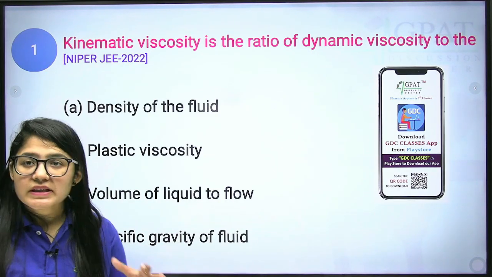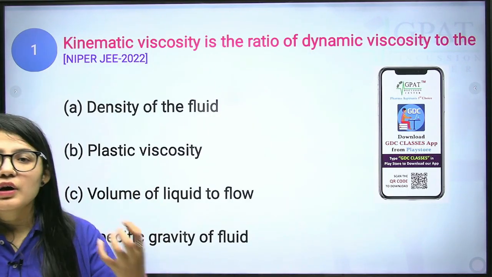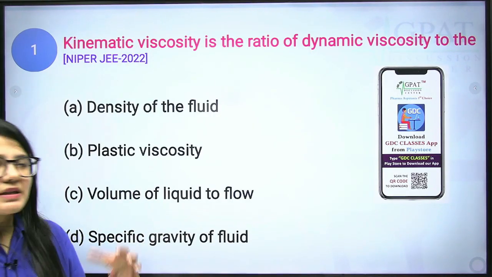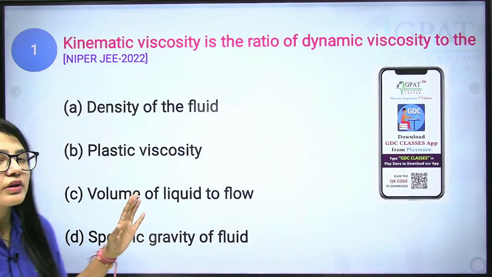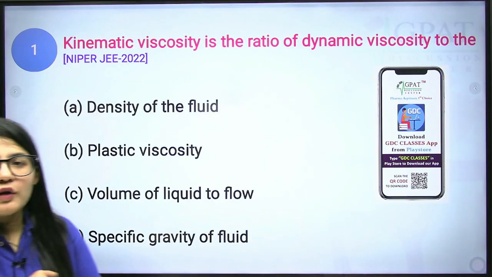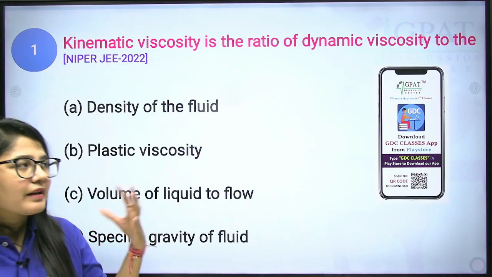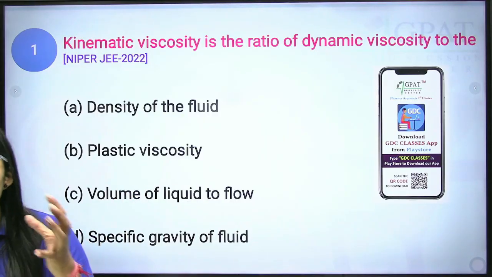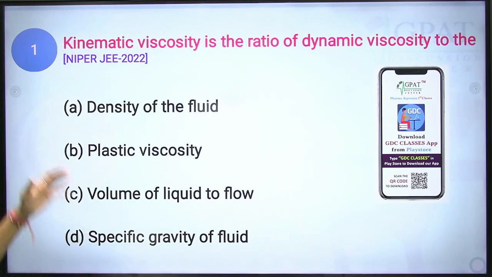Kinematic viscosity tells how easily a fluid flows under gravity, that is, how thick or thin it is when the density is also considered. Density of the fluid is the mass per unit volume. So kinematic viscosity is equal to dynamic viscosity divided by the density. So yes, this will be the correct answer.